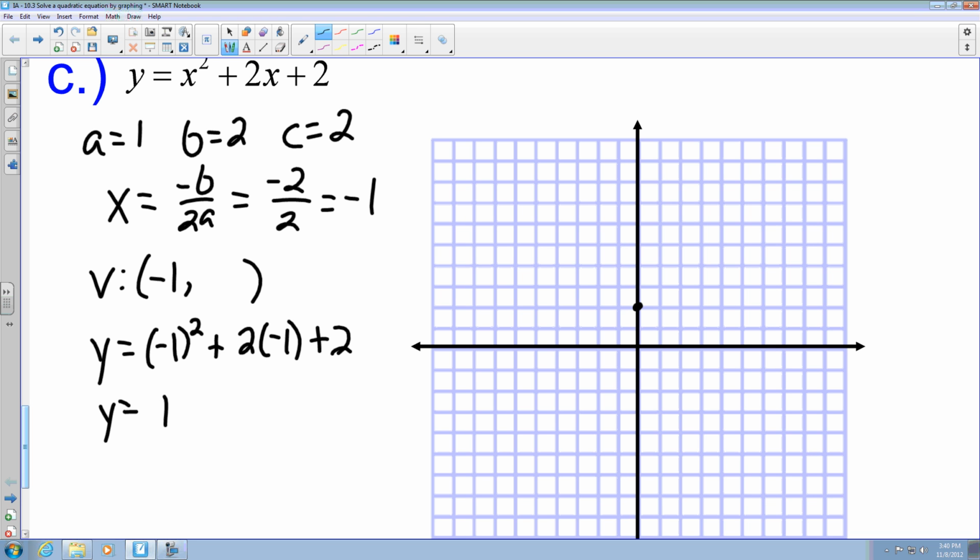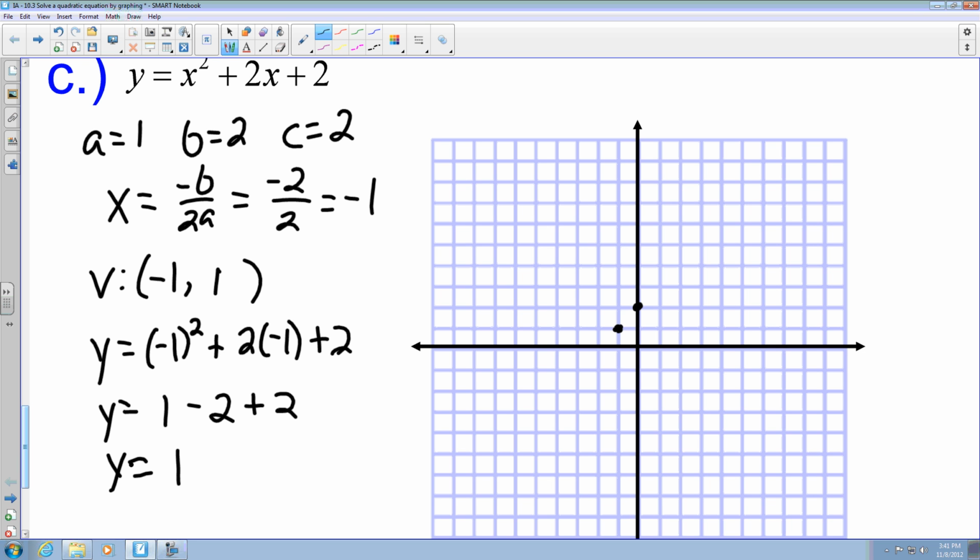Then 2 times negative 1 gives me negative 2, so 1 minus 2 gives me negative 1, and negative 1 plus 2 is 1. So y equals 1. So our vertex will be at negative 1, comma 1, which is right about here.